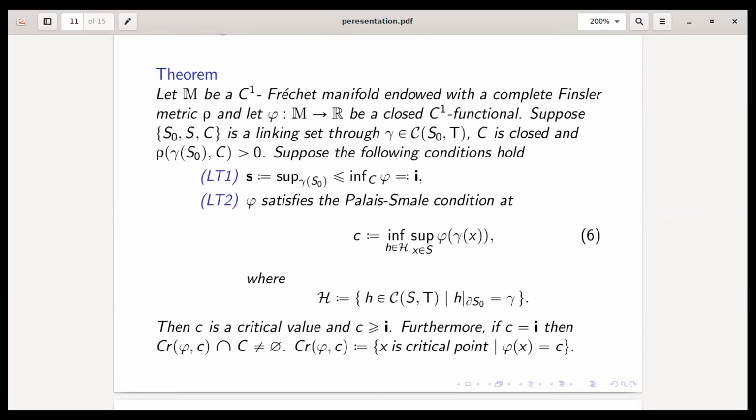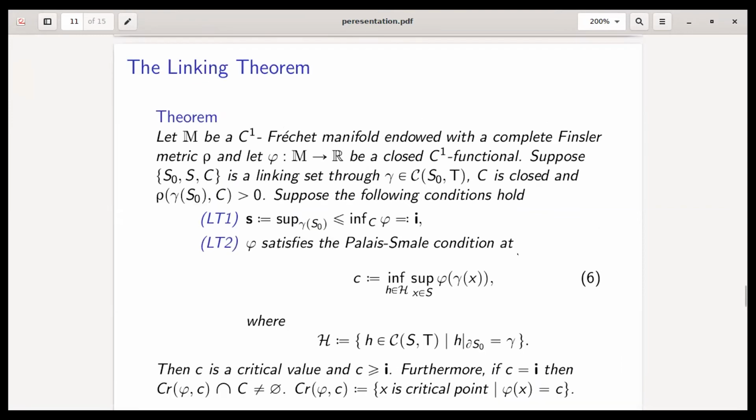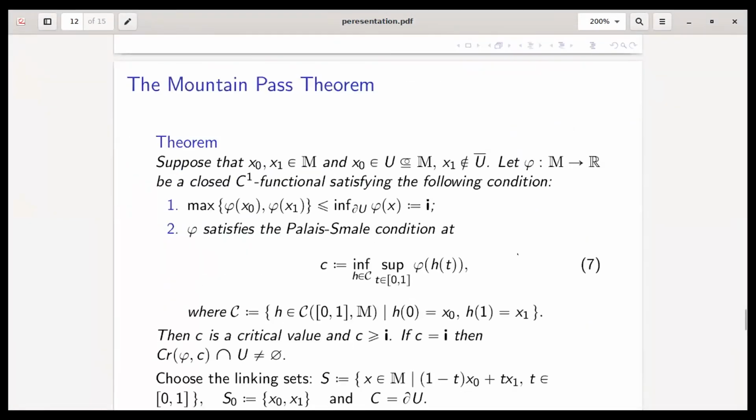So no different linking sets will provide us with different results. One of them that we can quickly obtain from this theorem is the mountain pass theorem.